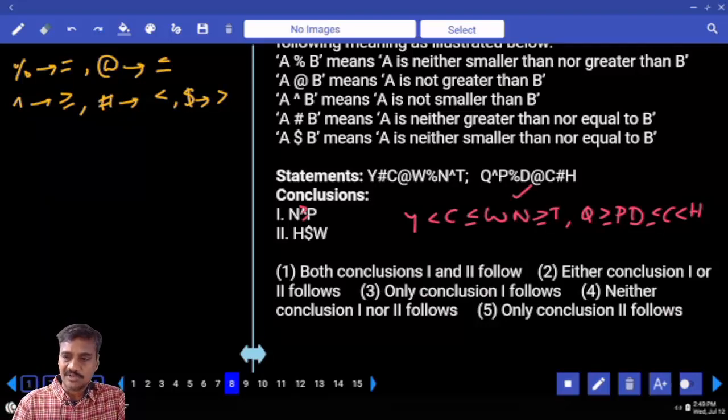Which element is common? C is common. That is C lesser than or equals to N, P lesser than or equals to C, so P lesser than or equals to N means N greater than or equals to P, definitely the first one.